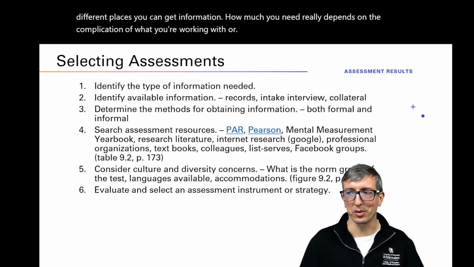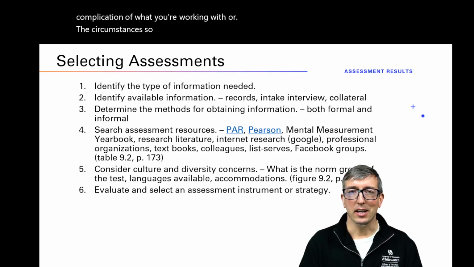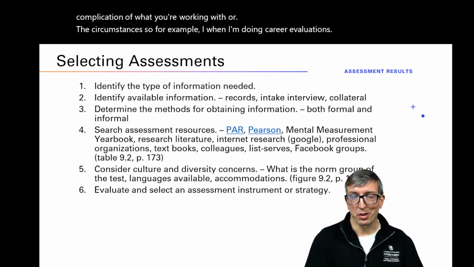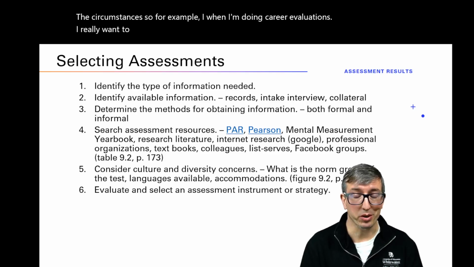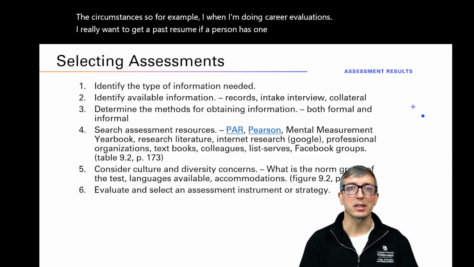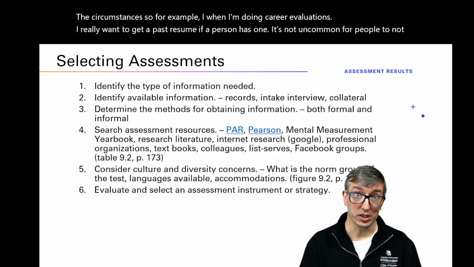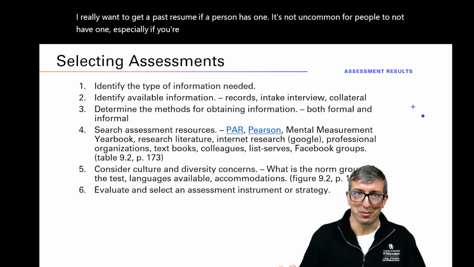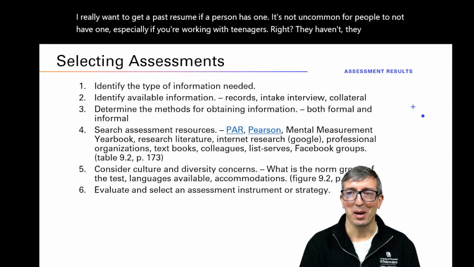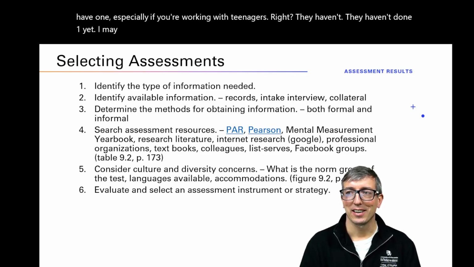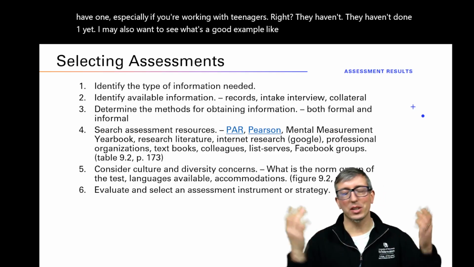So, for example, when I'm doing career evaluations, I really want to get a past resume if a person has one. It's not uncommon for people to not have one, especially if you're working with teenagers, right? They haven't done one yet. I may also want to see, what's a good example?